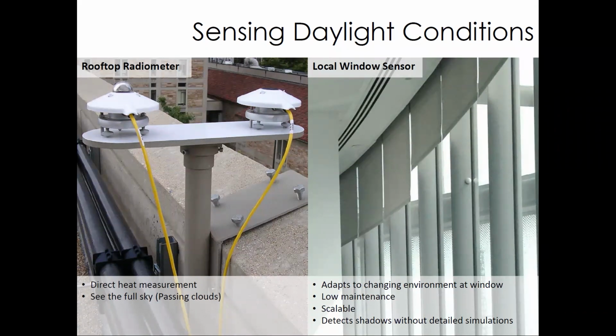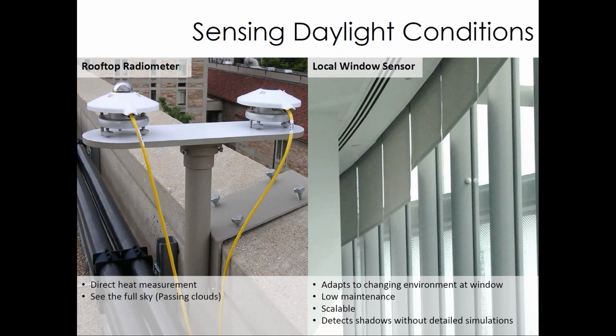Since this device directly detects solar heat, it can have an improved response to solar heat. Also, by having a large view of the sky, it doesn't need additional logic to account for things like passing clouds. To predict what is happening in each room, the system requires detailed simulations that need to be rerun every time the surrounding environment changes.